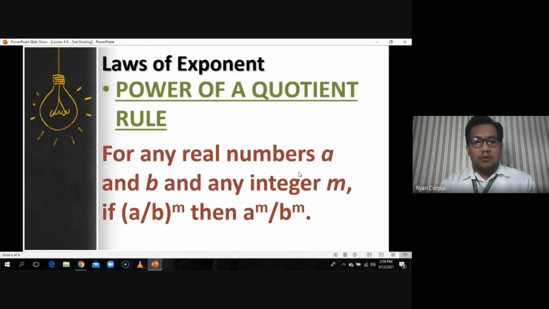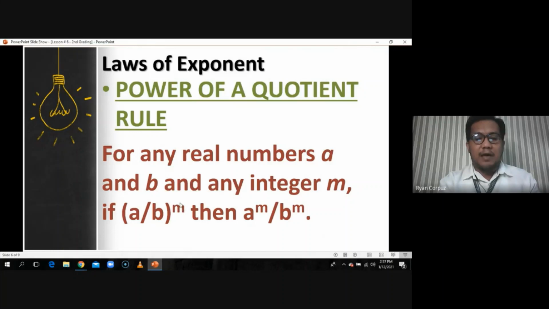So what is that? When we have a given term written in fraction form that was raised to an exponent, all you have to do with the power of a quotient rule is to simply distribute that exponent on both numerator and denominator, just like what we did here. So the given expression a over b is raised to an exponent outside.